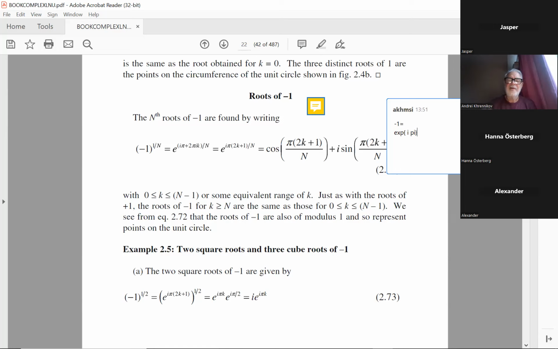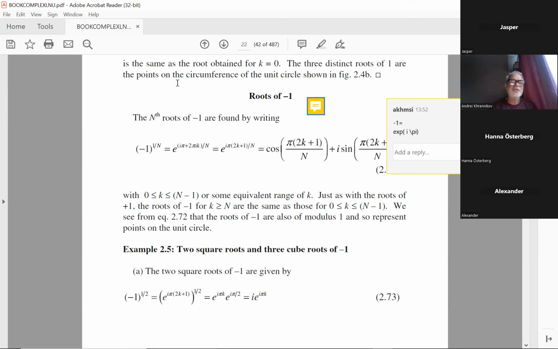Maybe we write this in LaTeX, that it is the number pi. So we remember that it's good to remember some formulas. So -1 is exponent I pi.